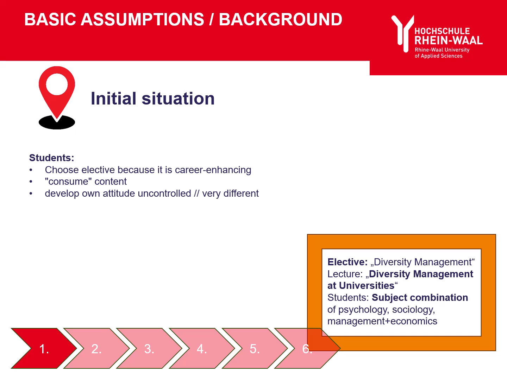They usually come to my course in the third or fourth semester and have developed a consumer attitude through their basic subjects. So they want me to tell them how diversity management has to be designed in order to be successful. Most of them come to the elective very unreflectively.